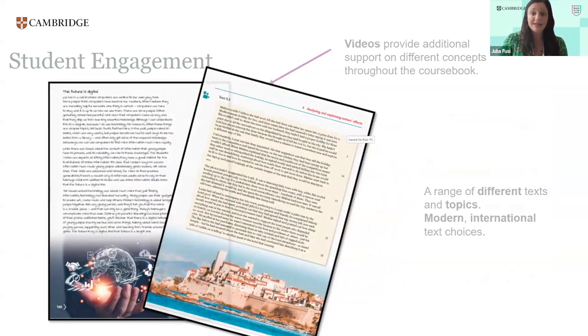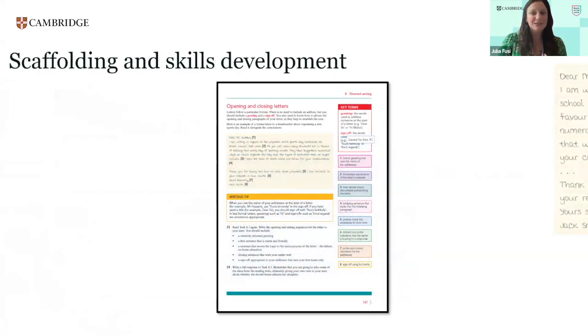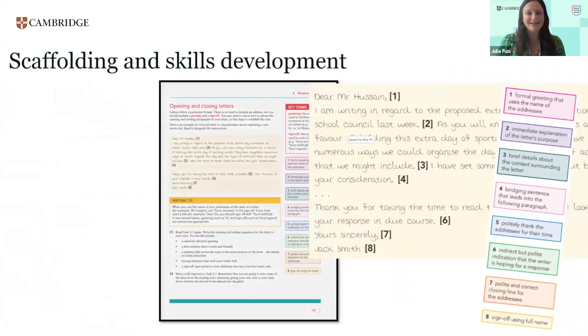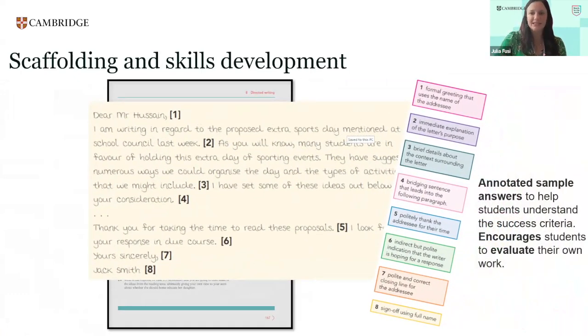We have projects at the end of each unit, and these really allow students to contextualise learning by applying their skills to real-world tasks. And then to help support skills development, we have included annotated sample answers to help students understand the success criteria, and it also encourages students to evaluate their own work. This has just been a snapshot of the coursebook, and Helen will be exploring more features later on as well.